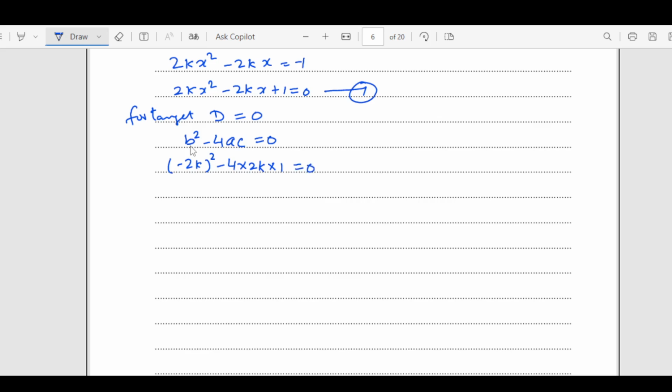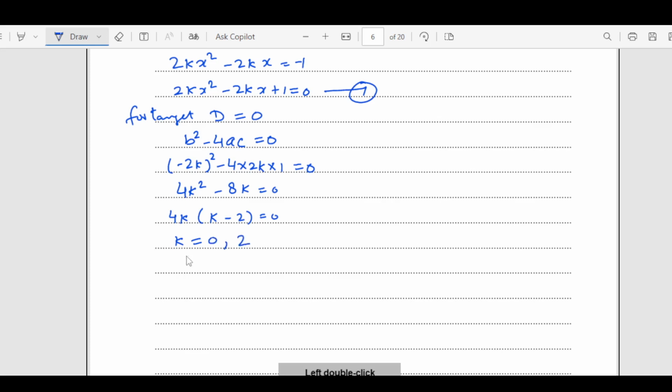So this is 4k squared minus 8k equals 0. Then 4k is common, we have k minus 2 equals 0. So from here either k is equal to 0 or k is equal to 2.